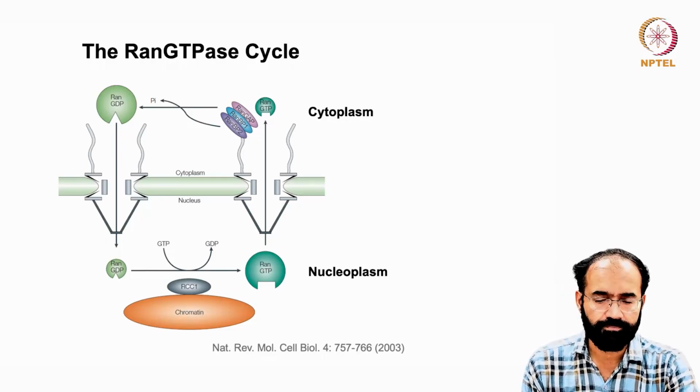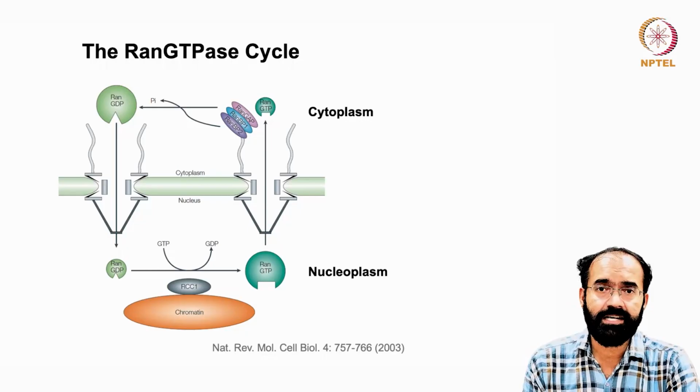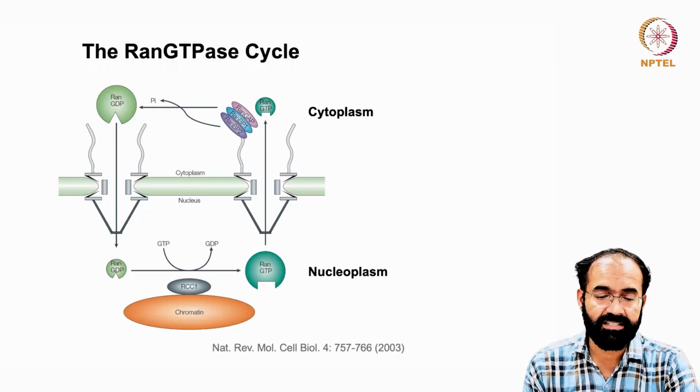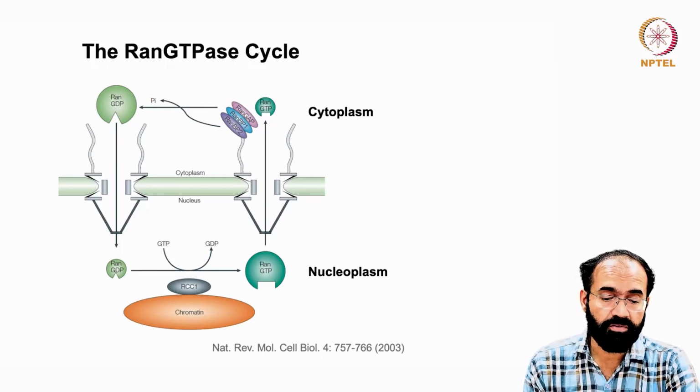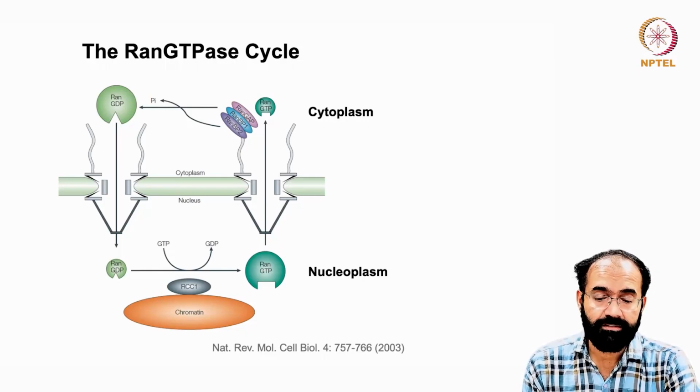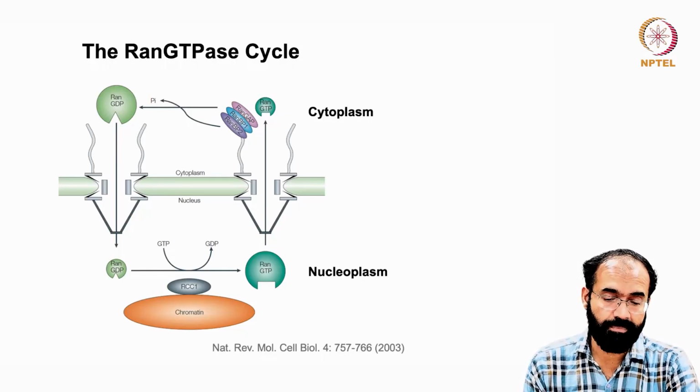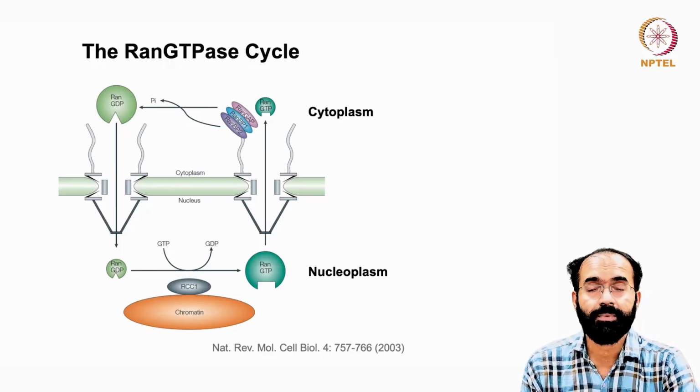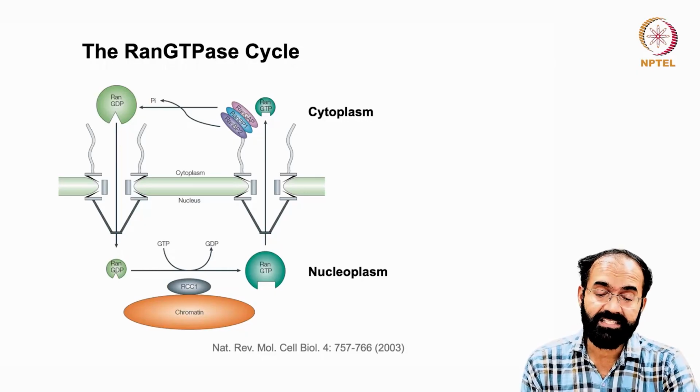So what happens when RAN GDP is here? It is more in the cytoplasm, so it will have a tendency to move to the nucleoplasm. In the nucleoplasm, what happens? The RAN GDP catches hold of GTP and gets converted into RAN GTP. So the GTP donates its phosphate group to the GDP and becomes RAN GTP, and you have a higher concentration of RAN GTP, and this will be utilized for the nuclear export.